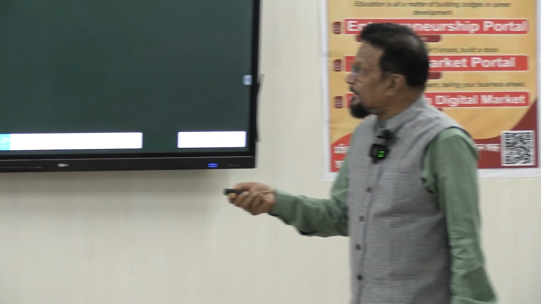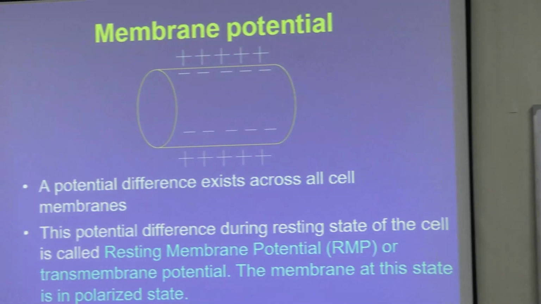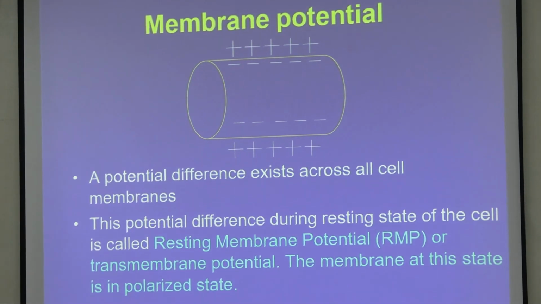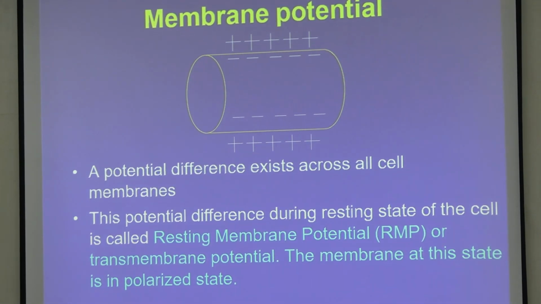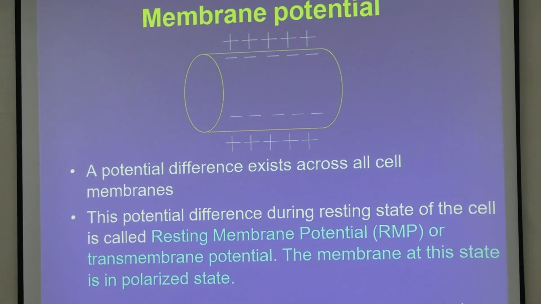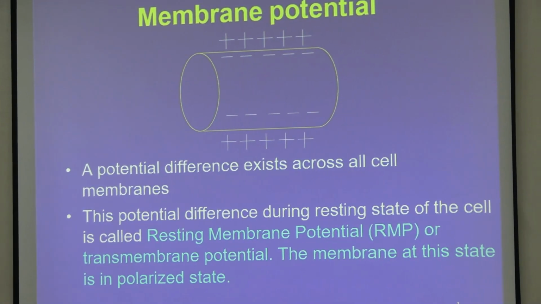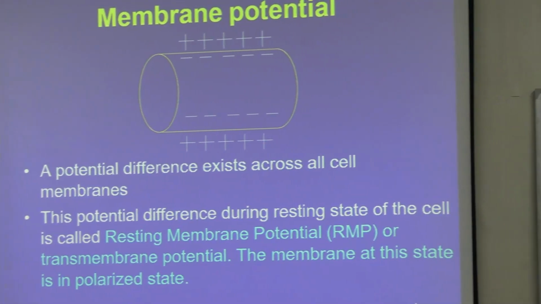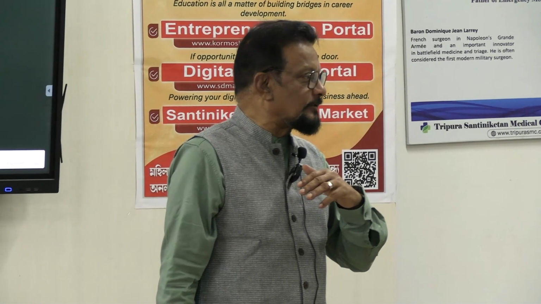Now it may happen that positivity becomes inside and the outside becomes negative. Can we say it is now polarized? We will now term it as depolarized. This doesn't happen in normal condition.